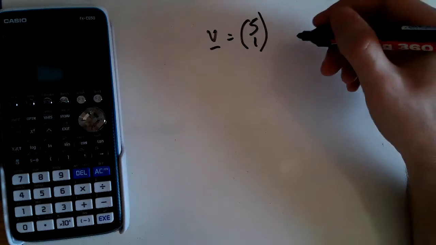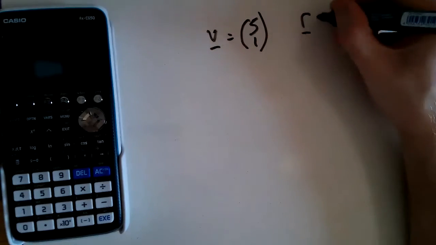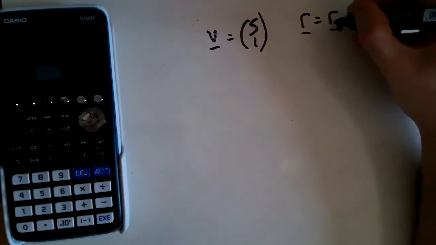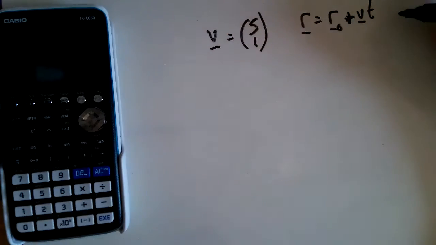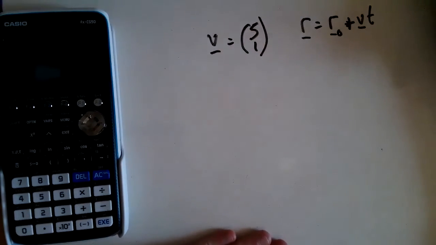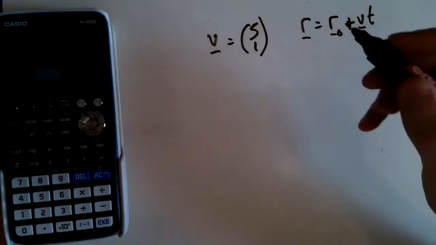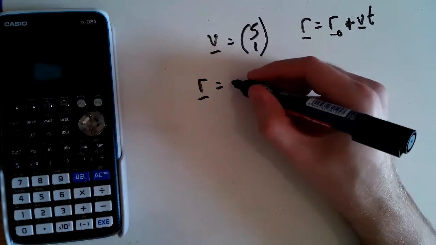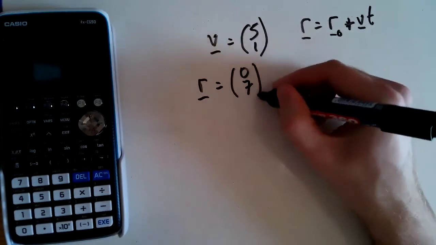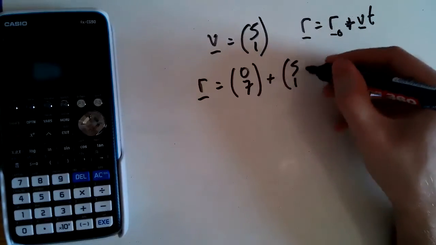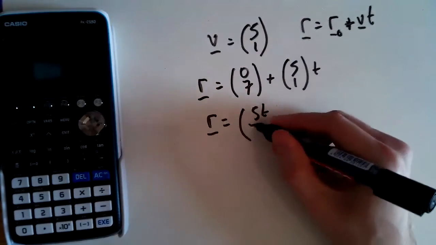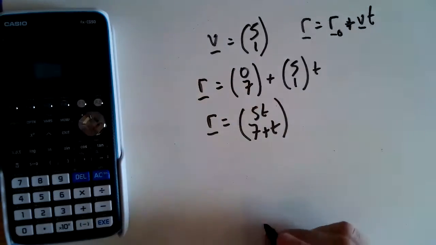So instead of thinking about SUVAT, you want to think of this formula: the position vector equals its initial vector plus the velocity times the time.